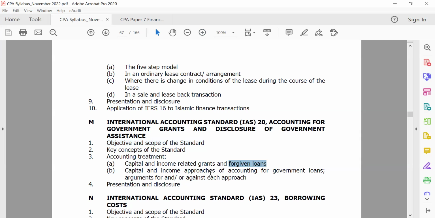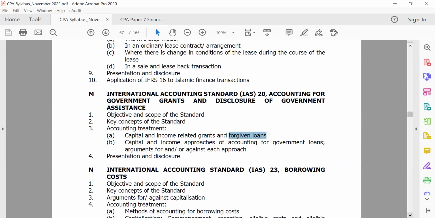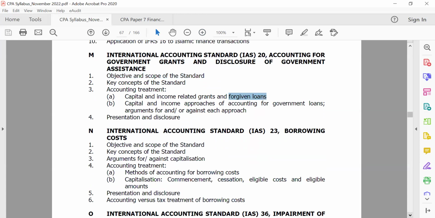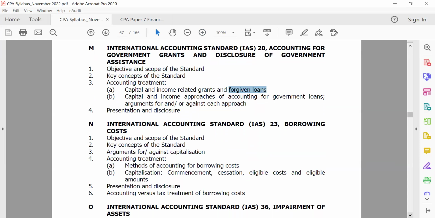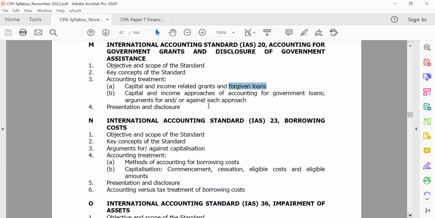The capital and income approaches of accounting for government loans, argument 4 of each of the two methodologies or approaches. And then there's borrowing costs, also a standard on its own.